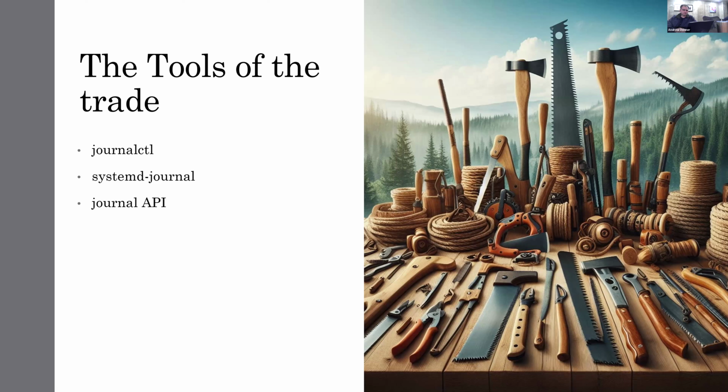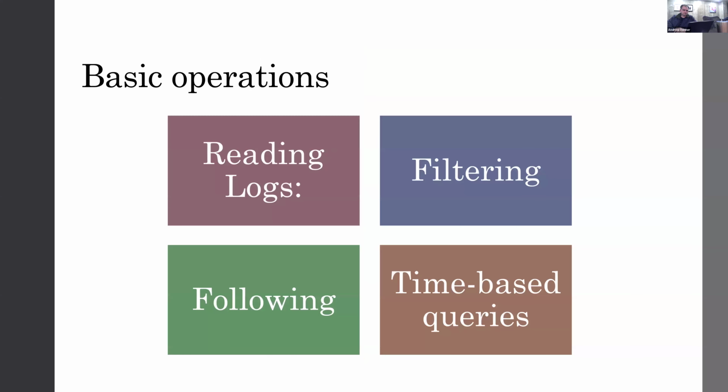Really, the thing we're going to truly care a lot about is journalctl. We'll have some examples here in a couple minutes. The big things you're going to care about are reading the logs, being able to filter through and select certain things and find events in the logs, and being able to follow.